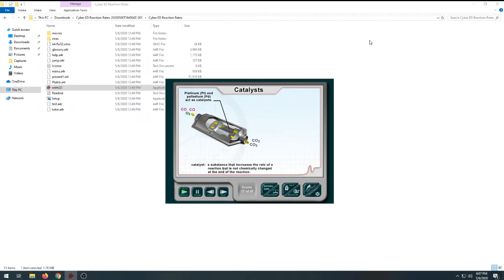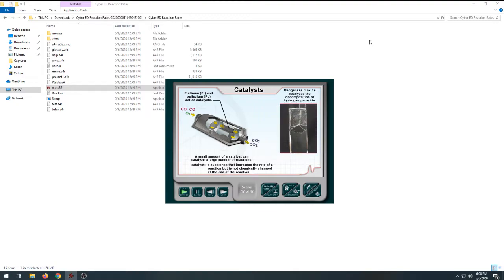A catalyst is a substance that increases the rate of a reaction and is not chemically changed at the end of the reaction. Since a catalyst is unchanged by a reaction, it can continue to facilitate the conversion of reactants into products. This allows a small amount of a catalyst to catalyze a large number of reactions.